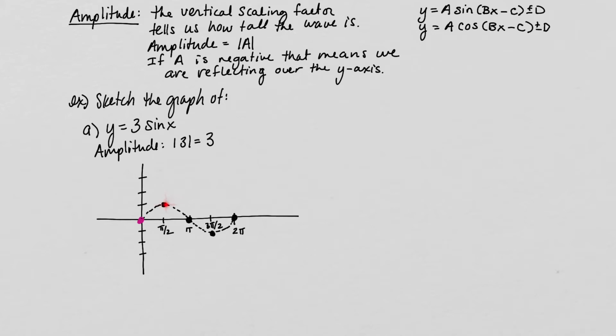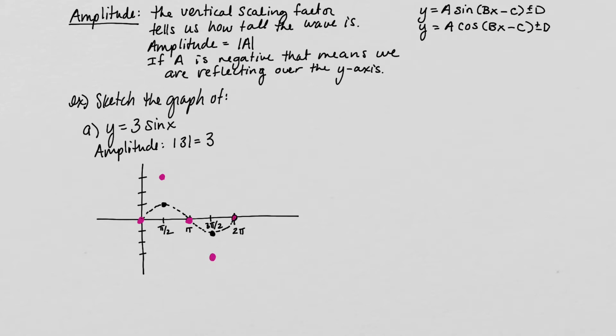For this one here, my y value was a 1. Now, if I multiply 1 by 3, I get 3. So this new y value stretches up to here. Again, this one here is going to stay there because it's a 0. This one here was at -1, so it's going to stretch down to -3.